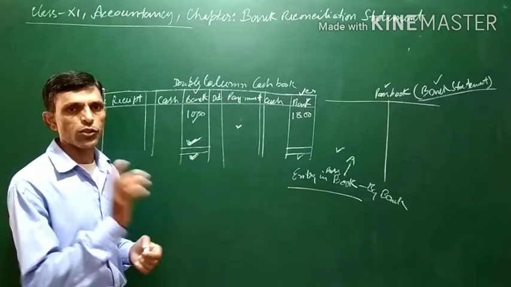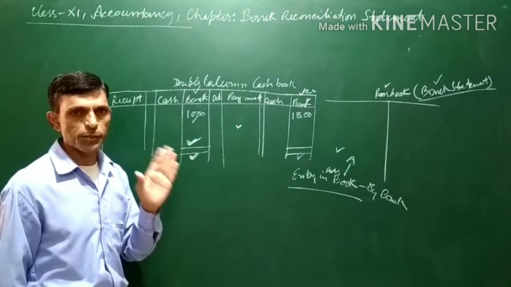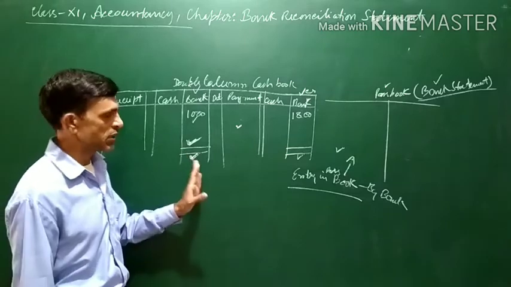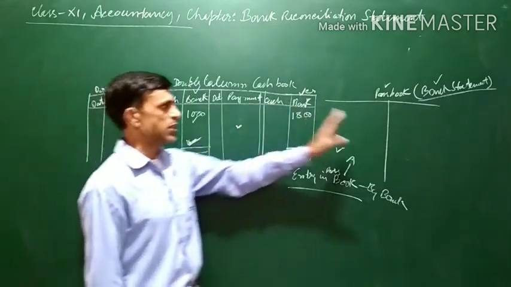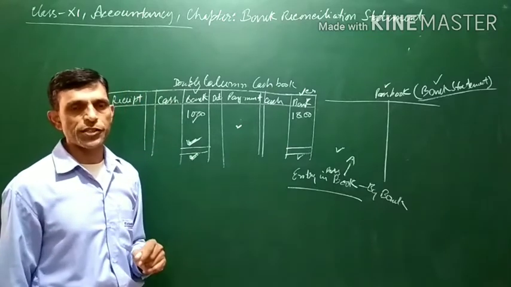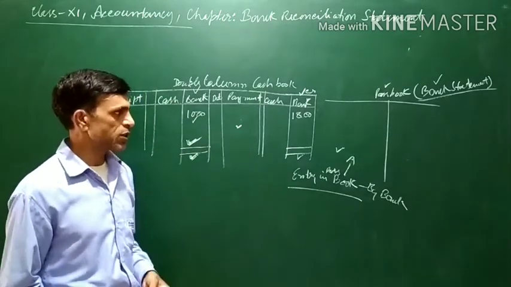That statement is known as bank reconciliation statement. Bank reconciliation statement reflects the causes of the difference between the balance as per cash book and the balance as per passbook. The format we will discuss in this chapter itself.